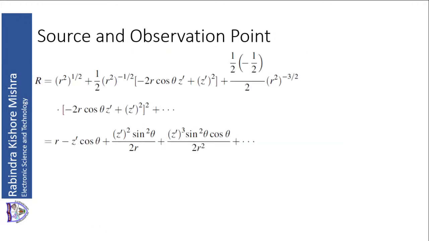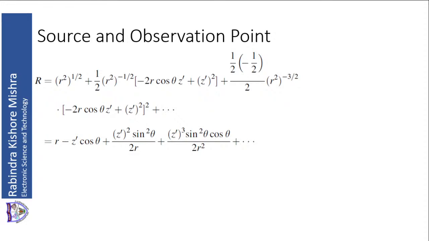Okay. And now let us expand that capital R using the binomial expansion.